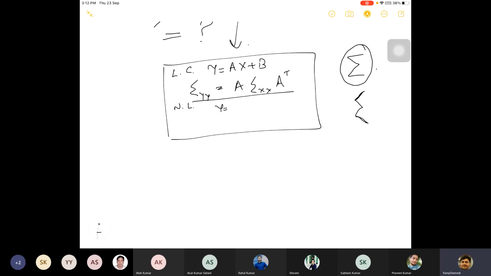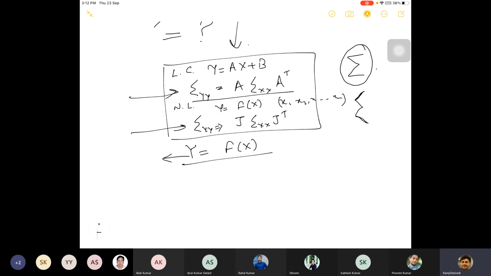If it is a non-linear case, y equals f(x), with x being a vector x1, x2, x3, up to xn, then sigma yy would become Jacobian sigma xx Jacobian transpose. These are the two popular cases we need to understand. Here y is also a vector of m quantities, and f goes from 1 to m.